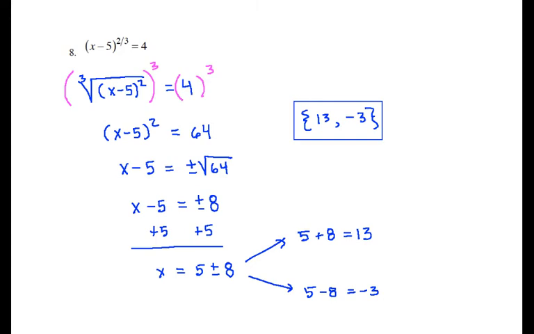If I had applied that reciprocal power, (x minus 5) to the 2/3, take both sides to the power 3/2, it could still work, but I would have to be careful with the implied square root here. I would need to consider both the positive and negative square roots.